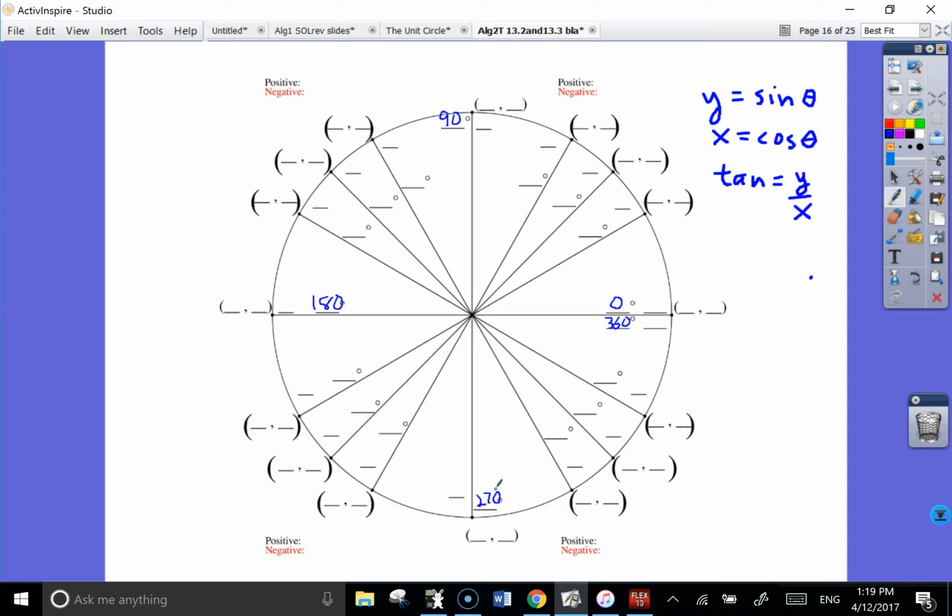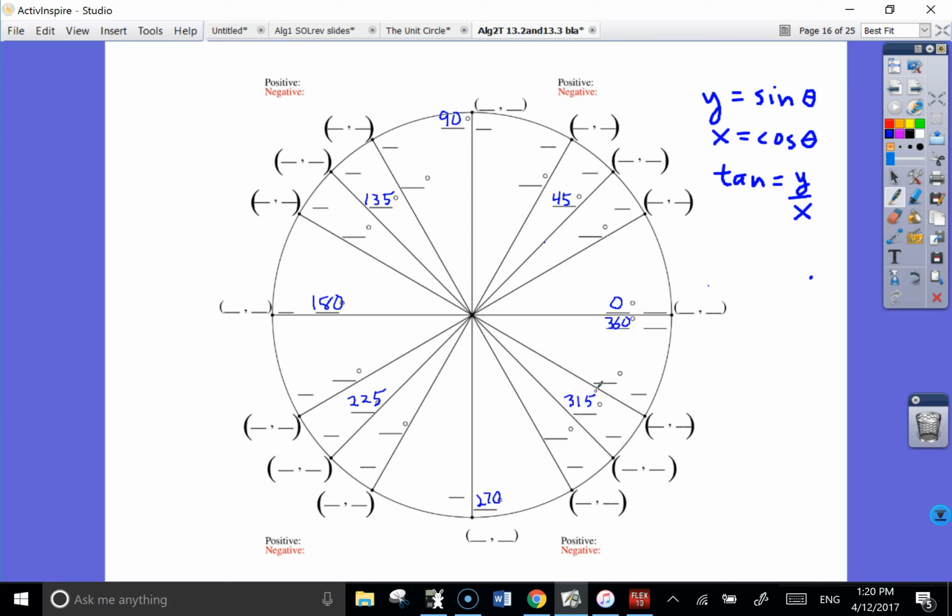Okay, now halfway between 0 and 90 should be this middle line right there, so that should be 45. Halfway between 90 and 180 should be this middle-of-the-quadrant line. What is that? 135. Halfway between 180 and 270, 225. Halfway between 270 and 360, 315.